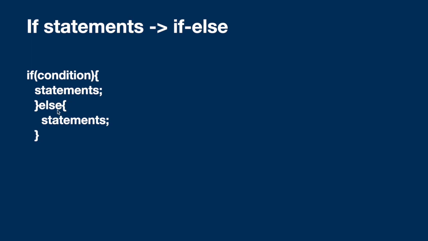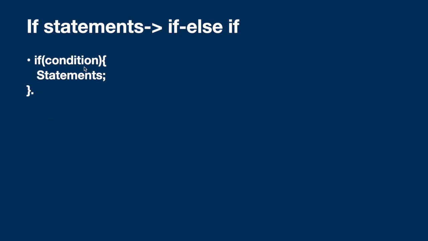Okay, so this is the if-else statement, and this also can be with if else if, so we call them if else if statements. This is when we have multiple conditions, and we use them with else if statements. So we have the beginning if statement. We cannot start with else if.